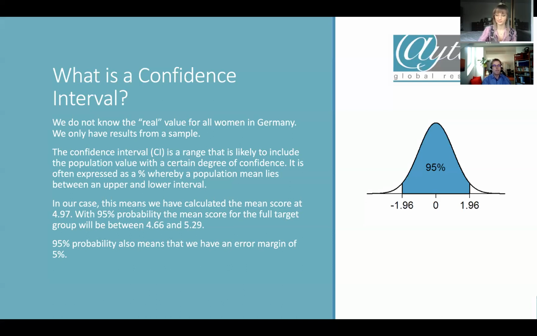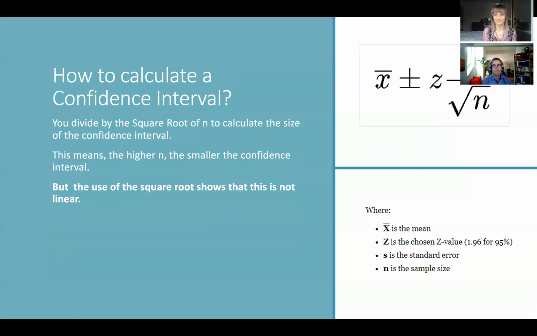Okay, having said this, I can go to the next chart, which sounds even more frightening. But I don't want to go into the detail. The key thing is, you see the formula for a confidence interval up there, which means x, which is the mean, plus minus z, the value that depends on the probability you give, and the standard error.